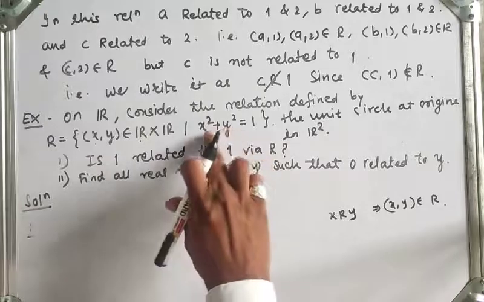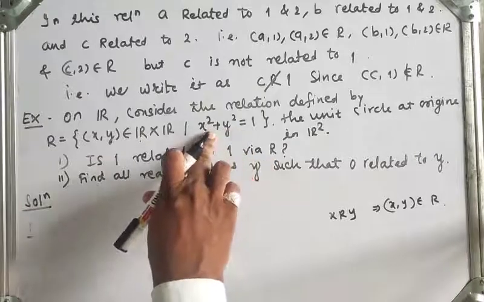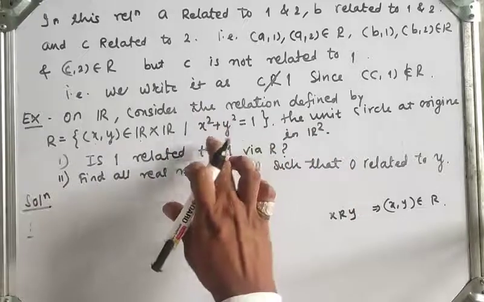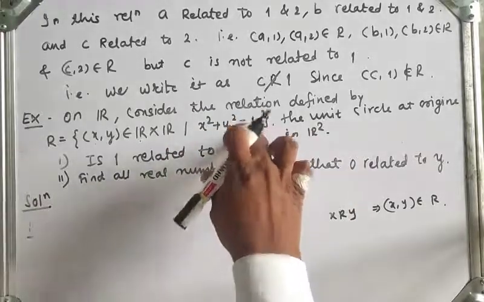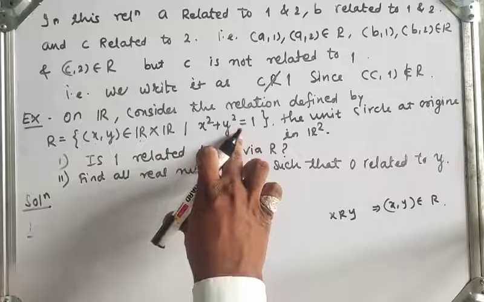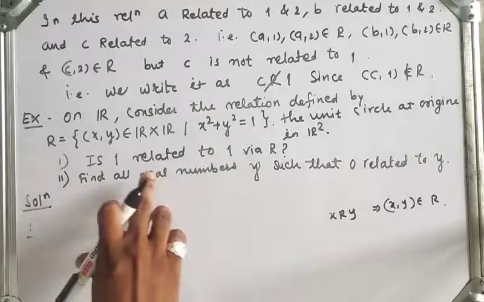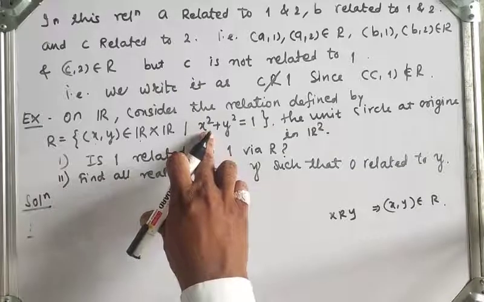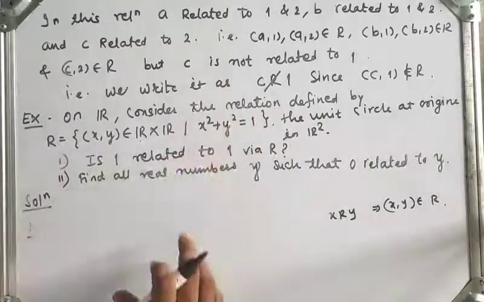R is the unit circle at the origin, so x squared plus y squared equals 1. So we have to check whether the values x = 1 and y = 1 satisfy this equation or not.